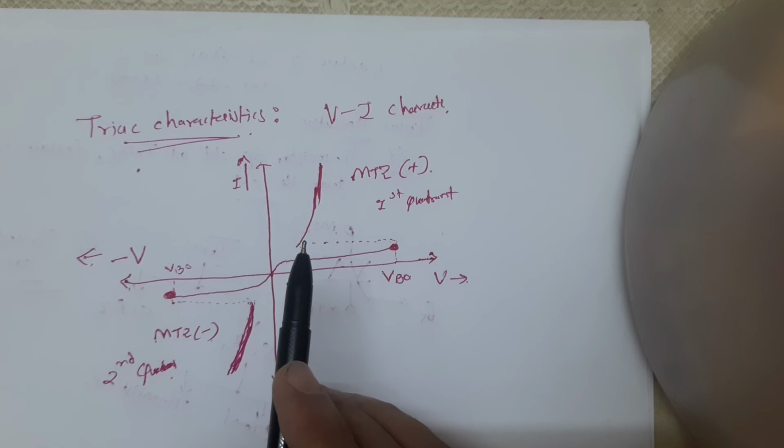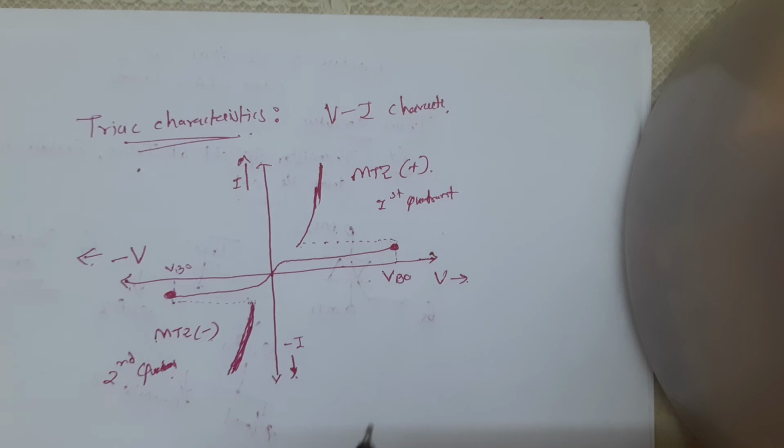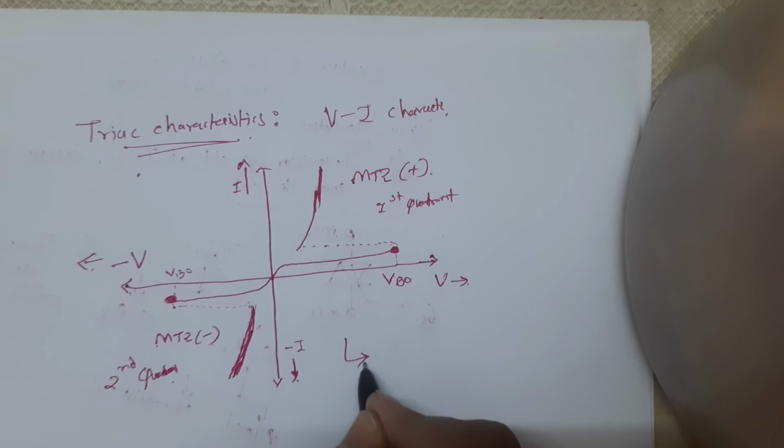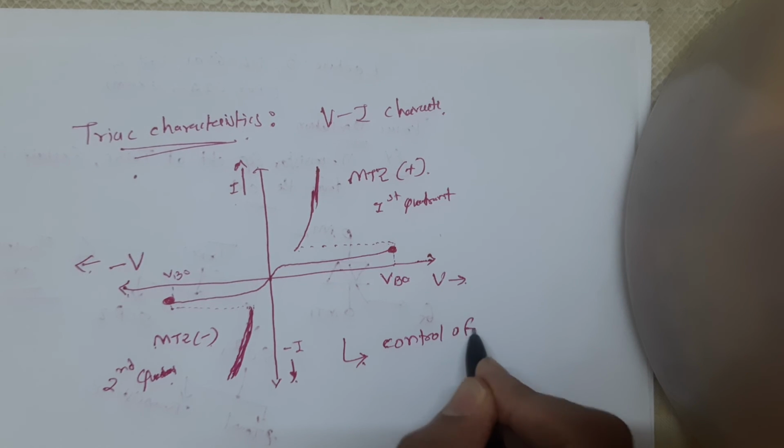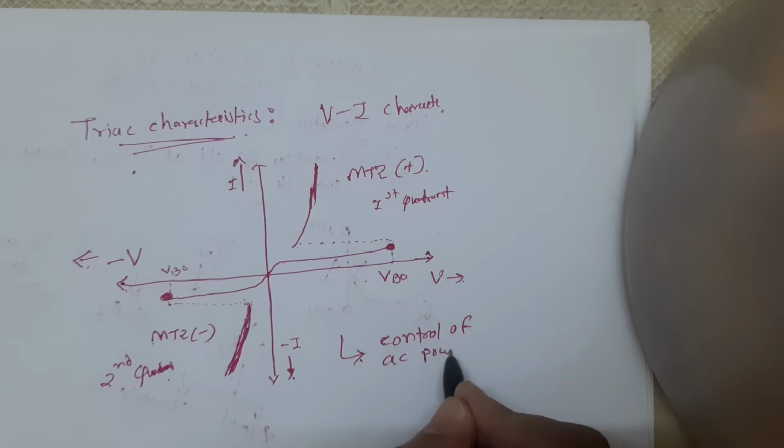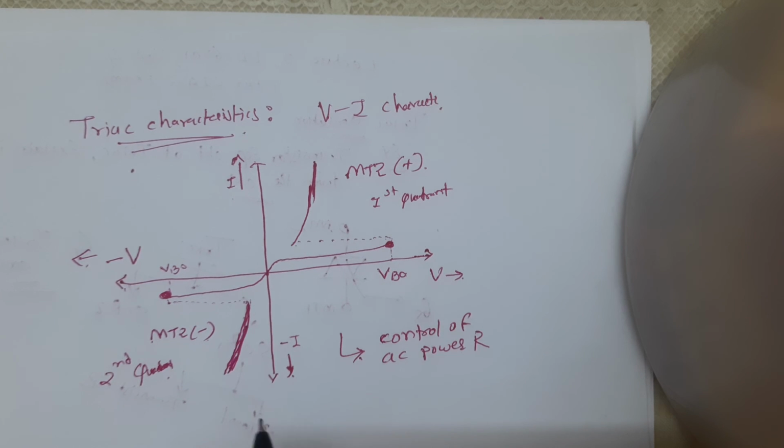This permits the use of a triac to control the AC power in a load. So it is useful for the control of AC power in the load RL, from 0 to full power in a smooth and continuous manner, with no loss in the controlling device.